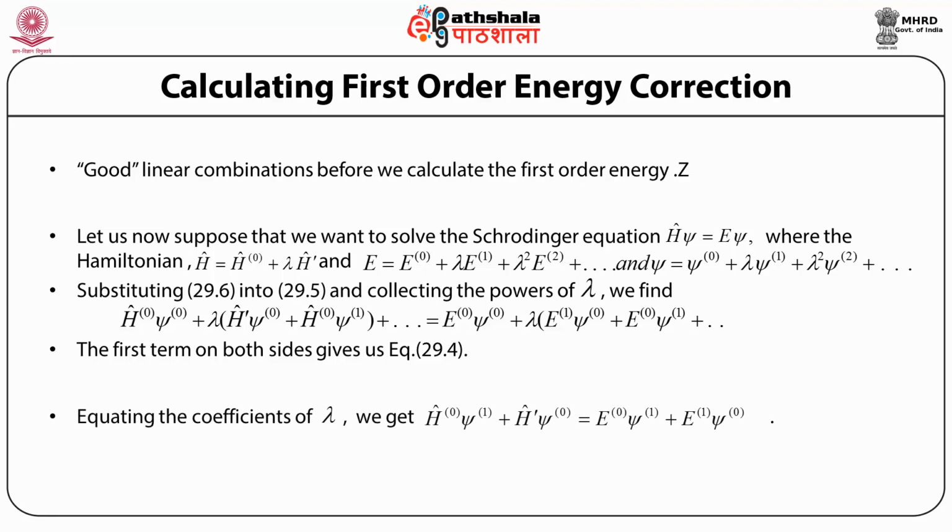Equating the coefficients of lambda, we get H0 psi 1 plus H prime psi 0 equal to E0 psi 1 plus E1 psi 0.